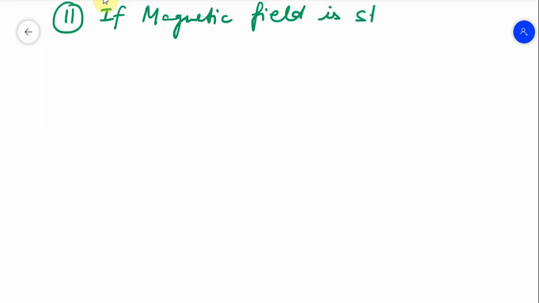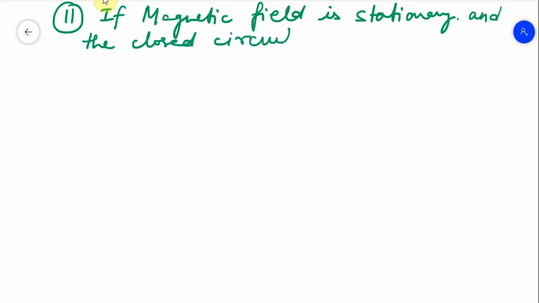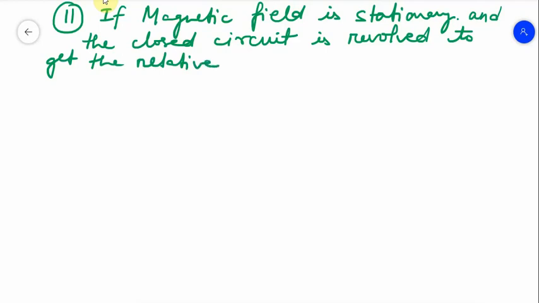Okay, so second condition is what? If the magnetic field is stationary, stationary means the magnetic field is not varying with time, while the closed circuit is revolved to get the relative motion between them.